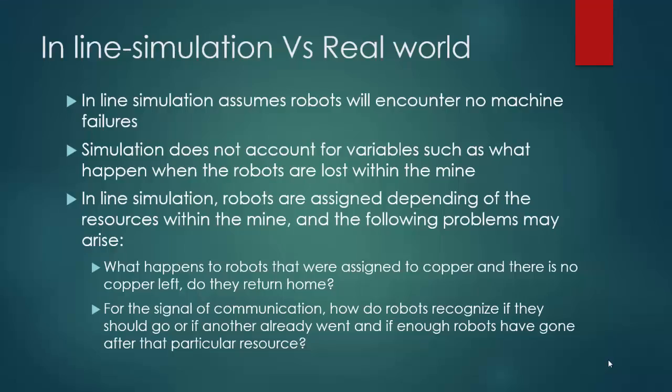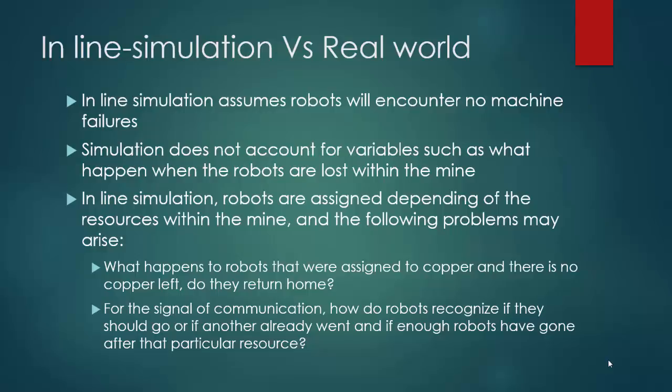In simulation versus real world, we know that in simulation there are some variables that do not count as in the real world. So we are going to be discussing some of the problems that we will see in the real world that simulation does not account for. First, simulation assumes that robots will be perfect, that they won't have any failures at all.